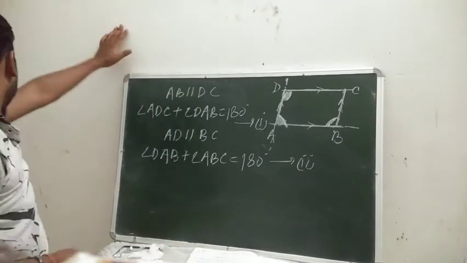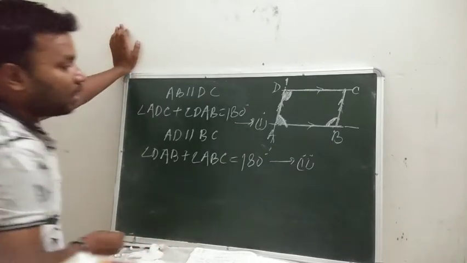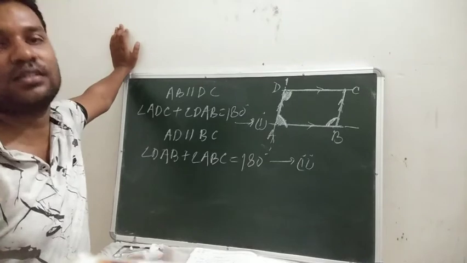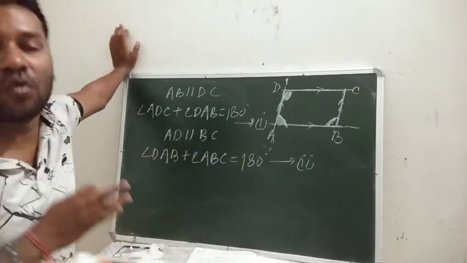Now with the help of equation 1 and 2, we will proceed with this question. In equation 1 and 2, we have equal RHS. So the LHS of these two equations will also be equal.